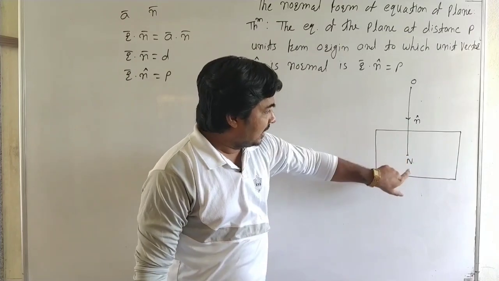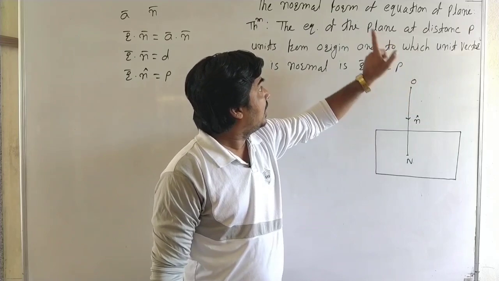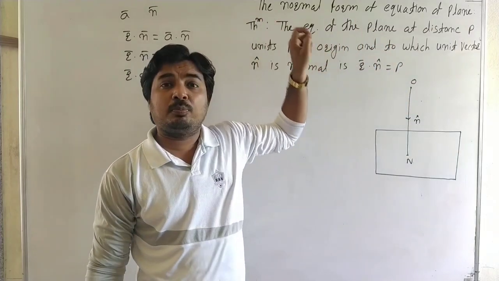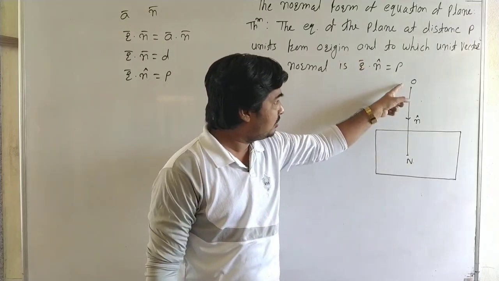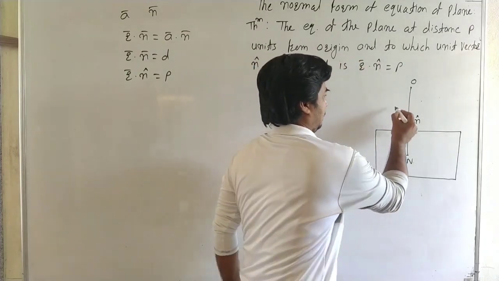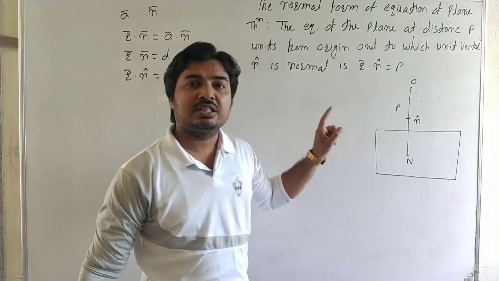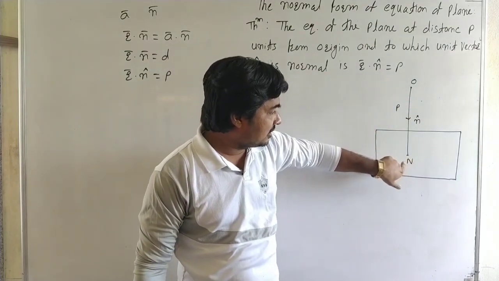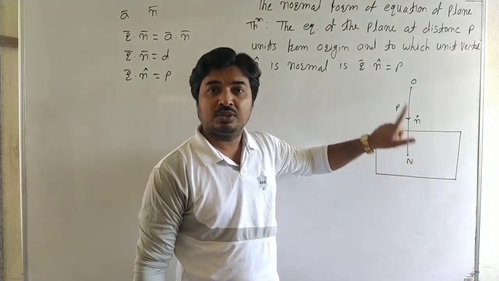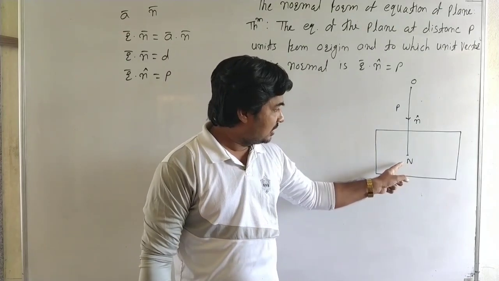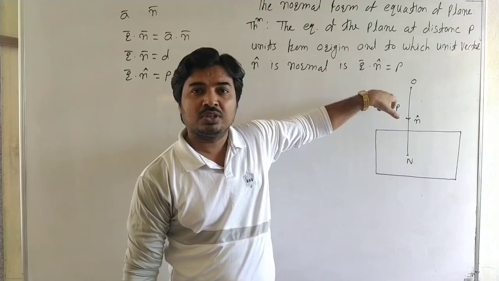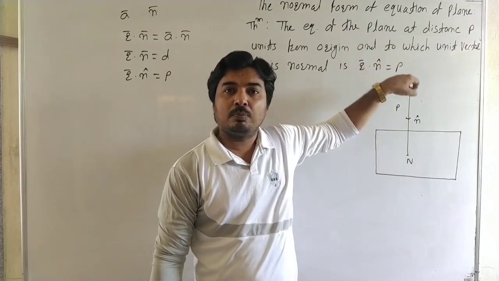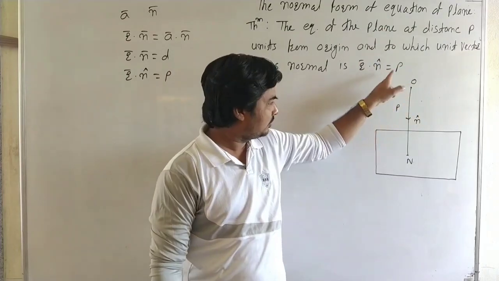Here it is given that the distance of the plane from the origin, that means the distance between these two points, is p. That means the distance of the point N, the foot of the perpendicular, from the origin is p. That is the distance of the plane from the origin, it is p, it is given.